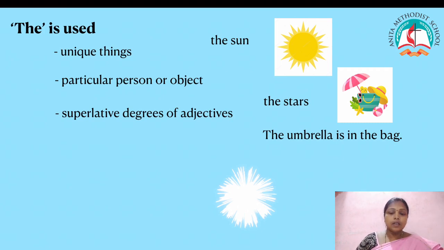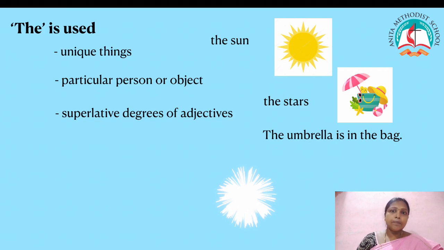Let's see the next one. "The" is used before names of newspapers, magazines, geographical areas. What are geographical areas? Mountains, valleys, oceans, seas, rivers, hills. All these are called geographical areas. So we have to use the article "the" before geographical areas.